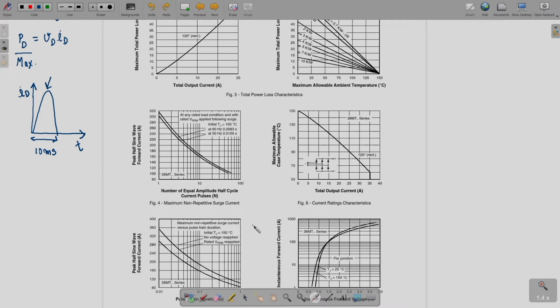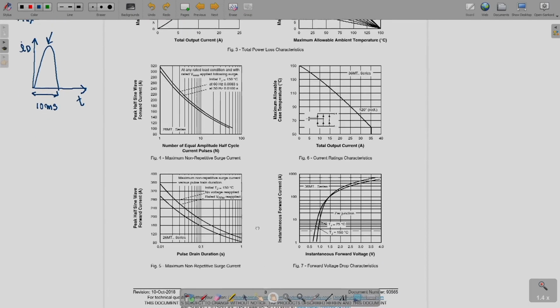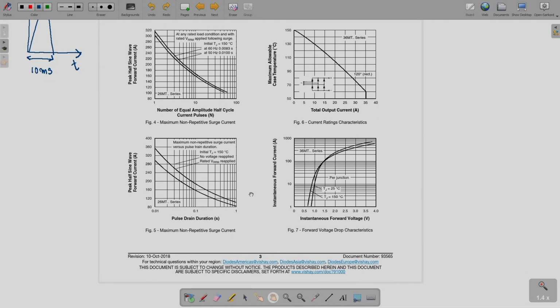Then next you can see a similar graph, which is again peak half sine wave forward current versus pulse train duration.